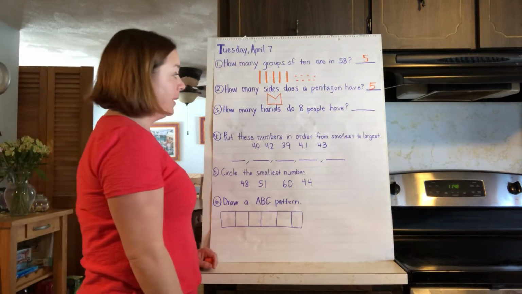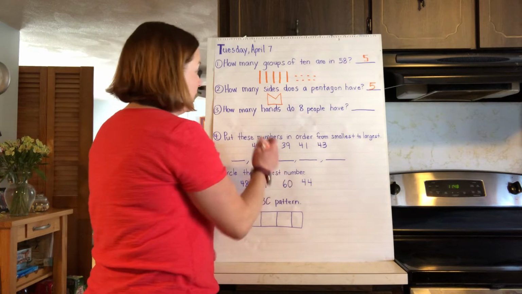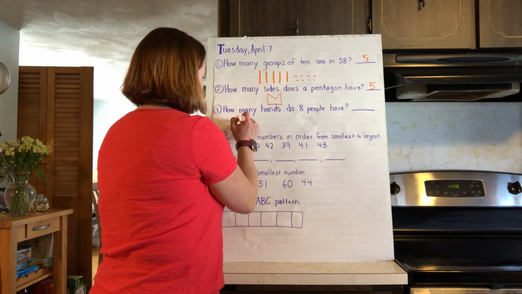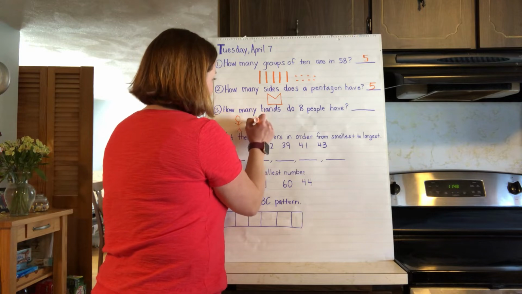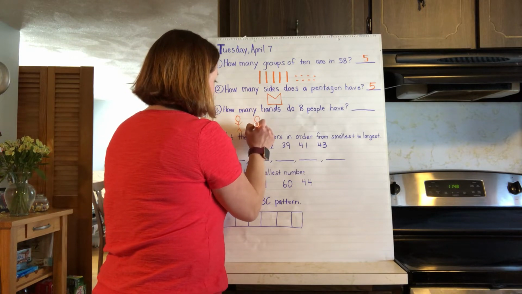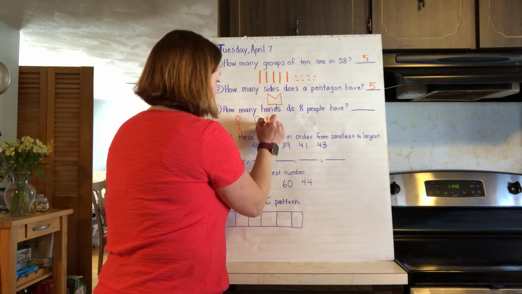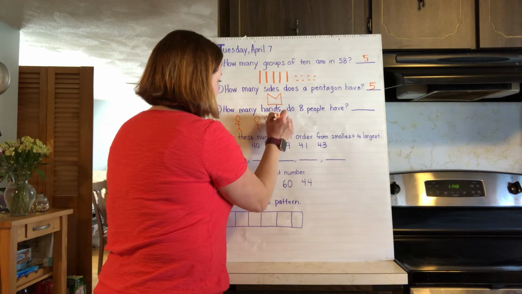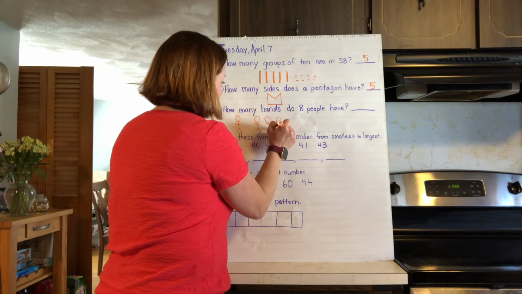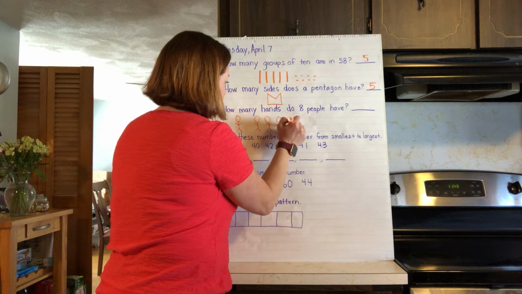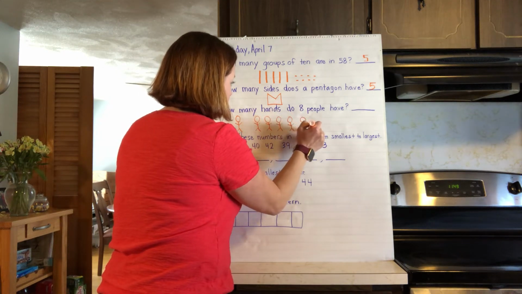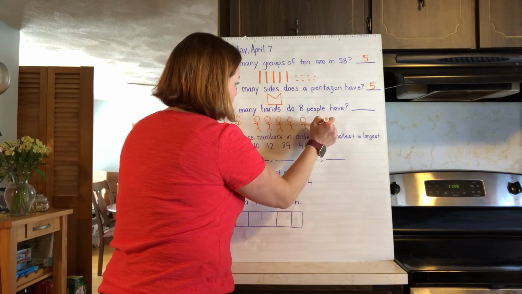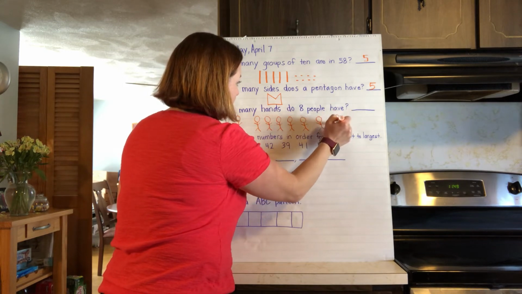Okay, so when you're drawing the people, remember we're just making a math picture and we need to see their hands. So here's one person, their hands. 2 people, 3, 4, 5, 6, 7, 8.